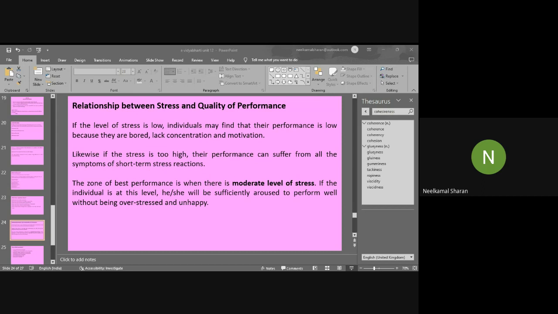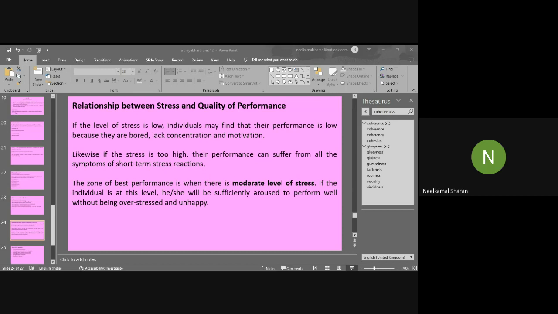Then irritability, poor concentration, loss of appetite. He or she will not feel hungry and will not eat food. Then exhaustion, fatigue, headaches or other pains, a depleting sense of enthusiasm and dedication, increasing personal vulnerability, loss of sense of humor, and an increase in sick leave. So these are the signs of a person who is stressed.